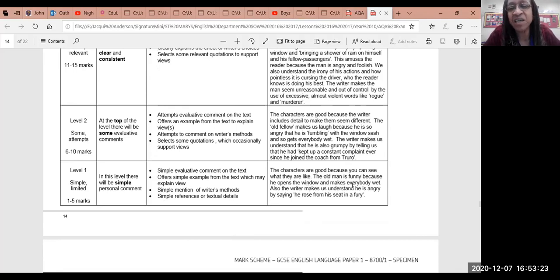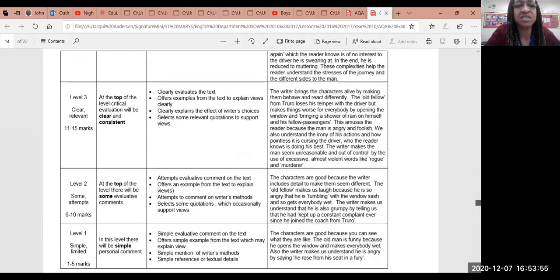Not very much detail there, but with you having highlighted the quotations and already talking about the impressions that you got from the characters, you should be moving towards more a level 2, if not a level 3, where the more detail that you have, the better, which will give you more marks, and also explaining what the writer has done by using those language devices or the word classes.